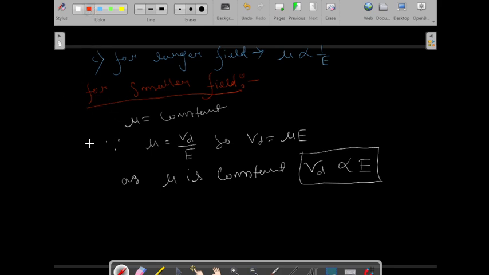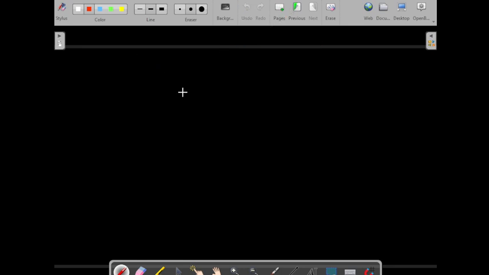Next, for medium field, mu is proportional to 1 by root E. And we already know v equal to mu E. So we can put the value of mu here.